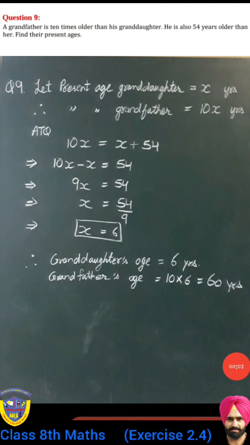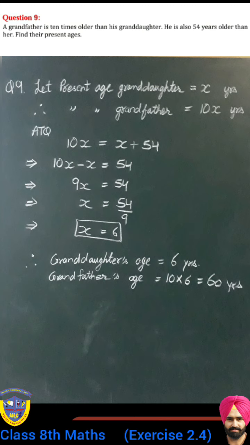Now question number 9. A grandfather is 10 times older than his granddaughter. So first of all we will take the present age of granddaughter is equal to x. Now it is given that grandfather is 10 times older than granddaughter, so we will take 10 times x. Now according to the question it is given that he is also 54 years older than her.